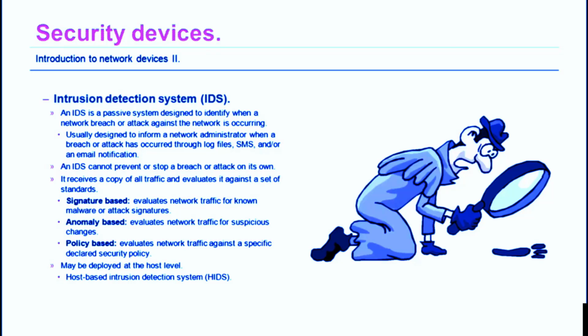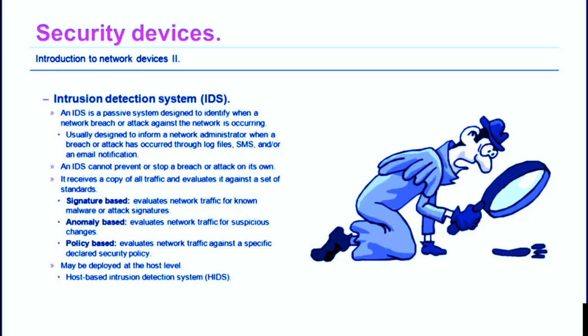An IDS cannot prevent or stop a breach or attack on its own. The IDS receives a copy of all traffic and evaluates it against a set of standards. The standards that it uses may be signature-based. This is when it evaluates network traffic for known malware or attack signatures.